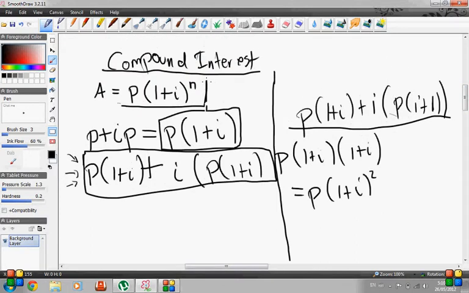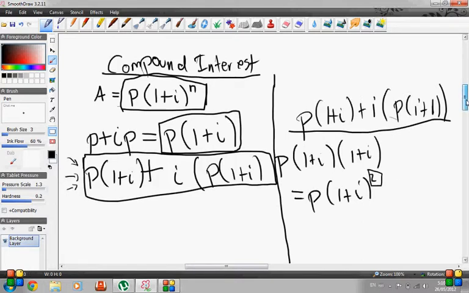That is your principal multiplied by 1 plus the interest rate to the power of n, where n is the number of years or however many compounding periods you have. In our case, it's 2. So that's how the formula for compound interest is derived.